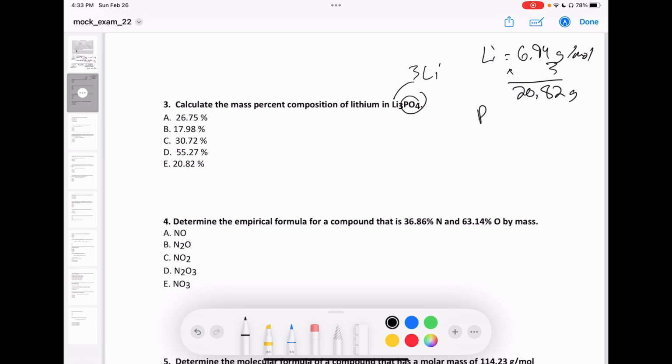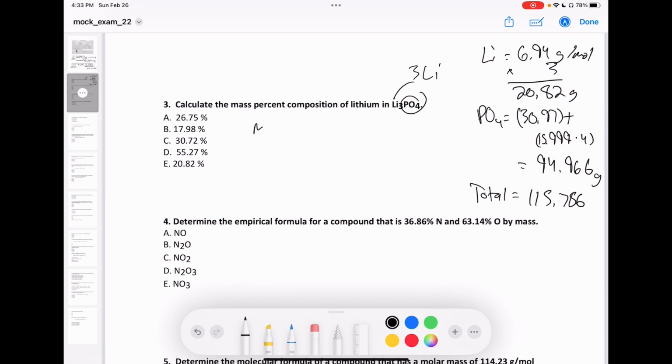And then PO4 is equal to 30.97 plus 15.999 times 4, because there's 4 oxygens and 1 phosphorus. So that's 15.999 times 4 plus 30.97, which is equal to 94.966 grams of that. So total is equal to 115.786.